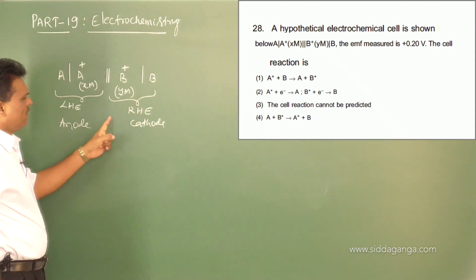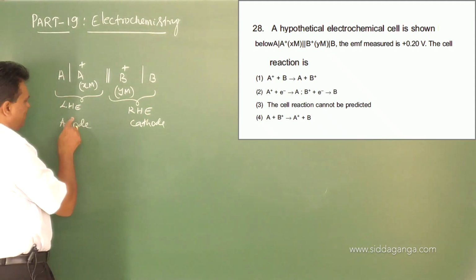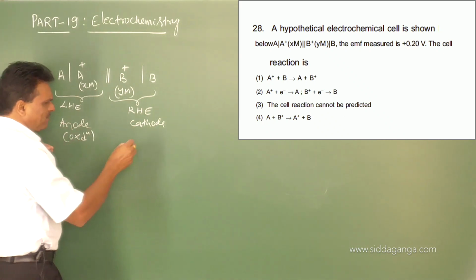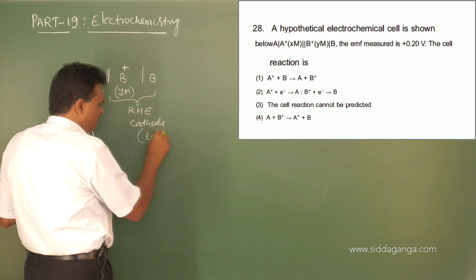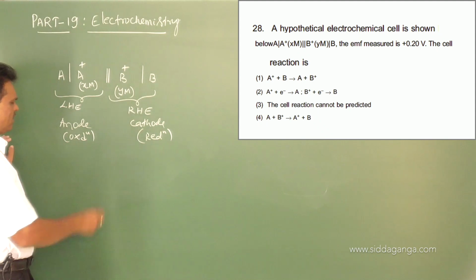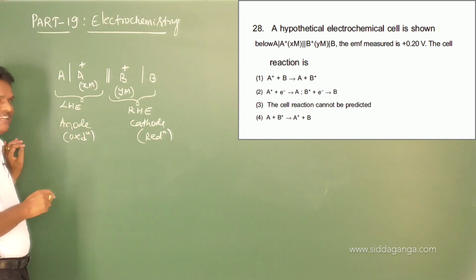Therefore, at anode oxidation reaction takes place and at cathode reduction reaction takes place. So what is the overall cell reaction?